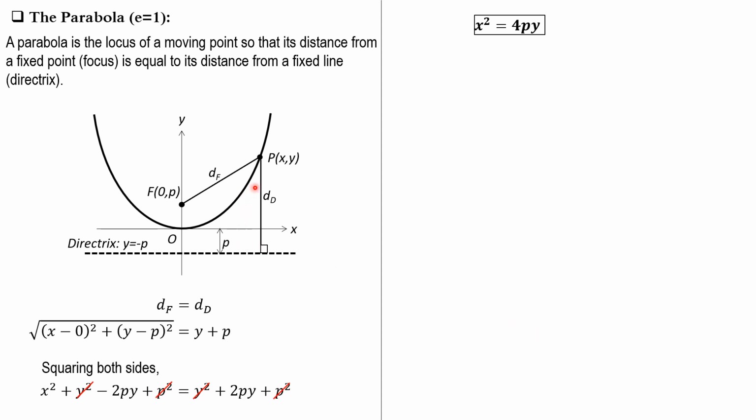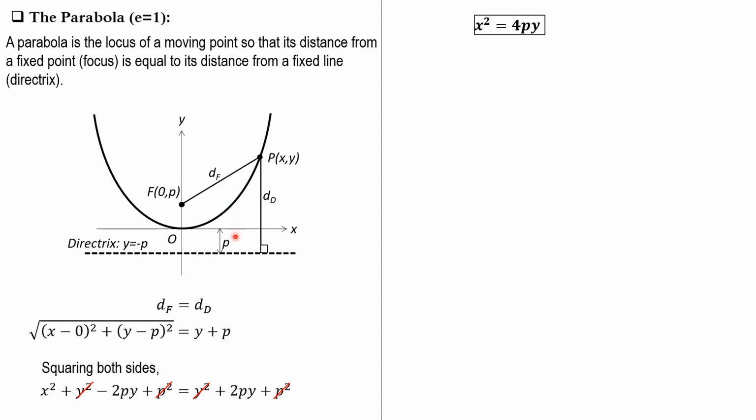Because we defined 4p as the length of the latus rectum. When the moving point is here in particular, its distance from the focus should be equal to its distance from the directrix.